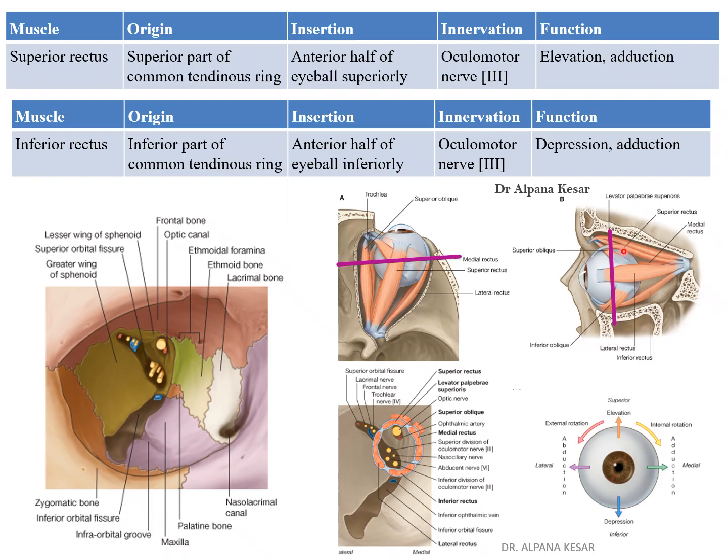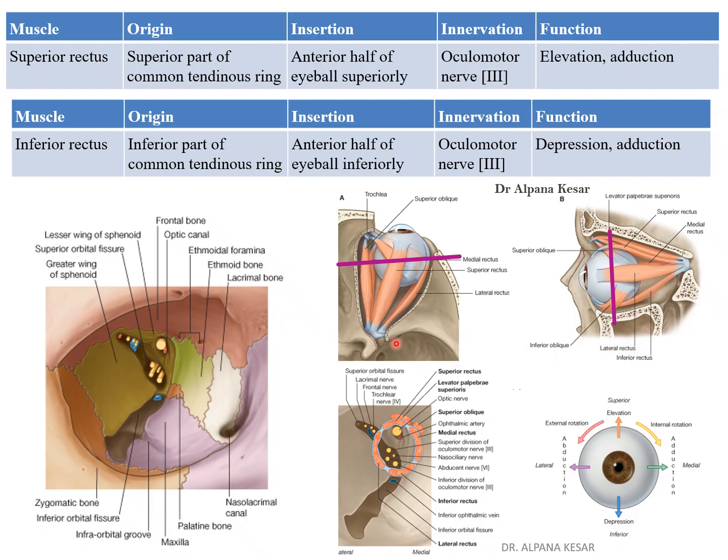This is the superior rectus and this is the inferior rectus. Here, this is the superior rectus. The nerve supply of both the muscles is oculomotor, which is the third cranial nerve. The superior rectus, that is this muscle, helps in elevation of the eyeball, while the inferior rectus helps in depression of the eyeball.